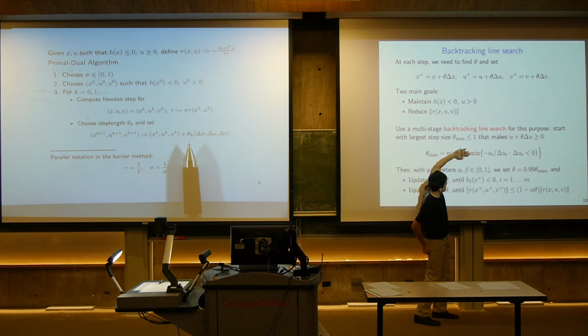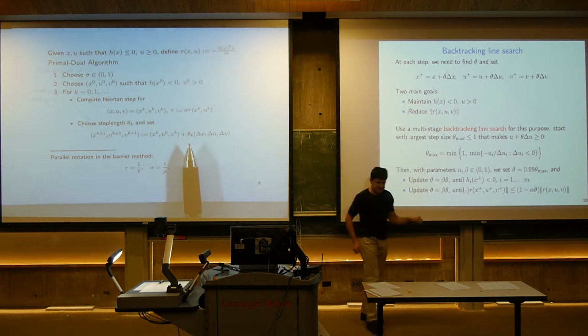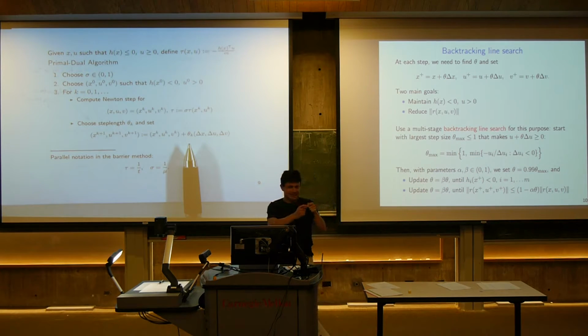Suppose that theta max is the minimum of all those values. That means you looked at the delta u that is in some way the biggest relative to u in absolute value. So if you move exactly that size, what happens to that component of u?